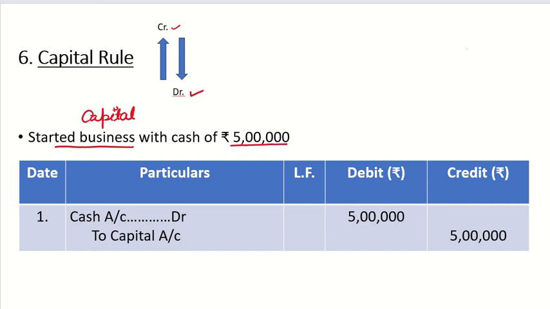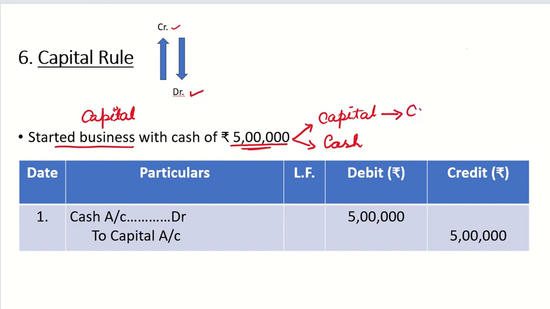So the two accounts affected are the capital account, because they are starting the business by investing money, and the cash account, because they are investing the money in the form of cash.